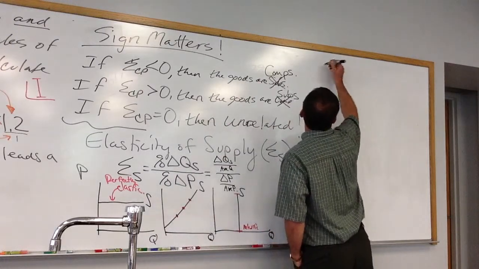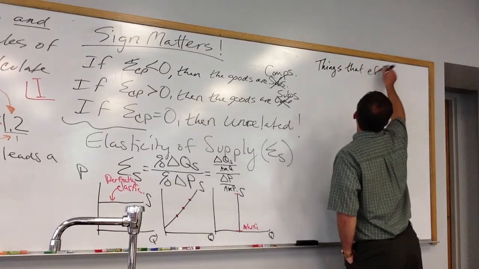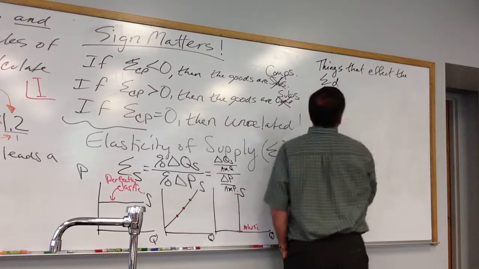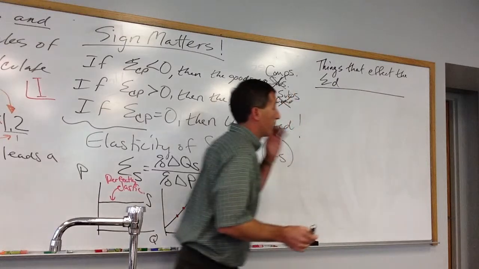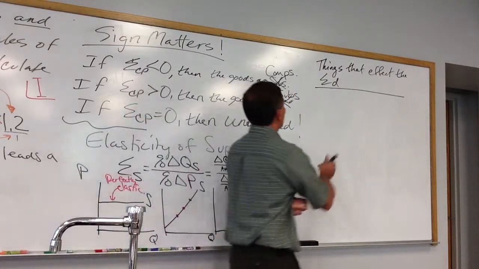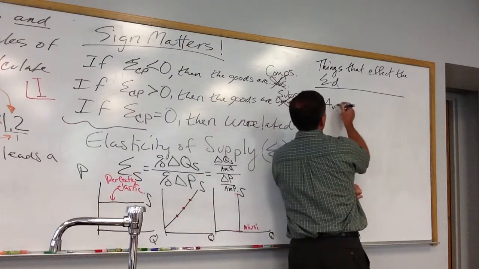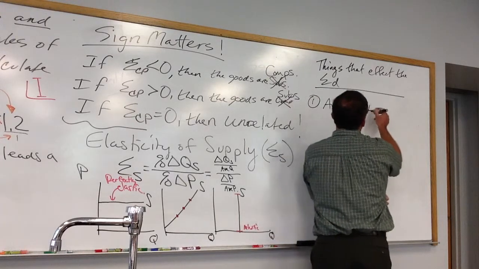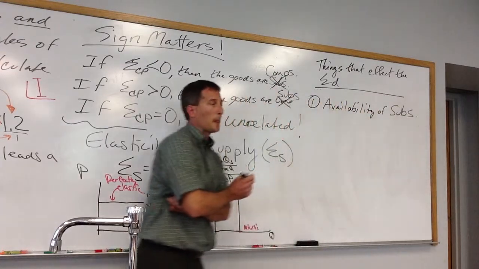So, things that affect the elasticity of demand. And these are very similar to the things that affect the elasticity of supply as well. Number one that I want you to keep first and foremost is the availability of substitutes.